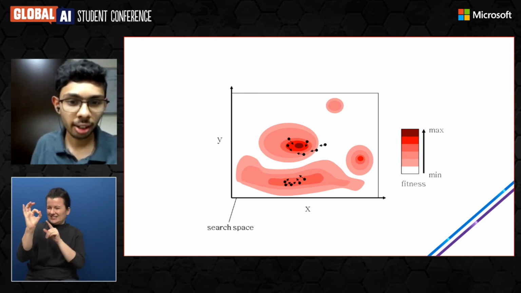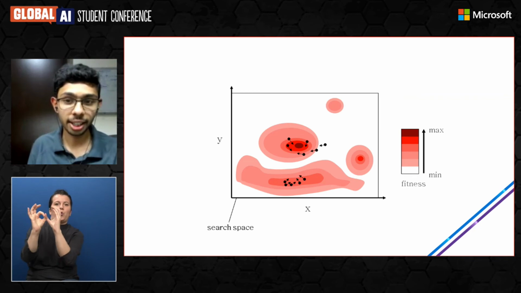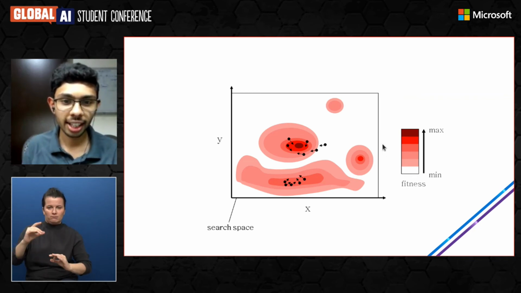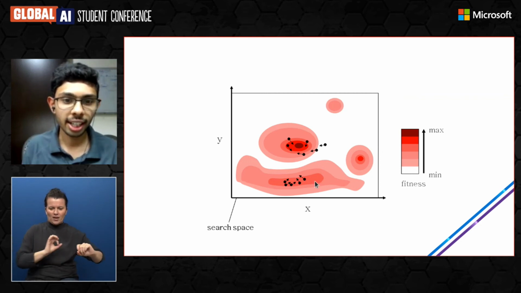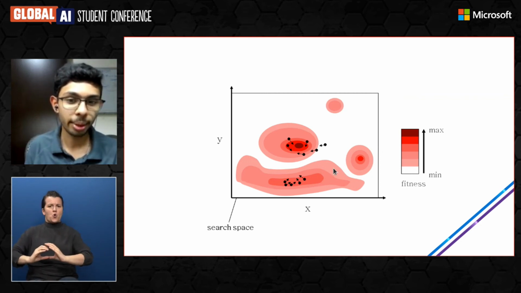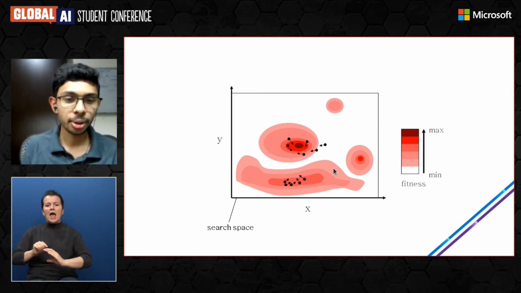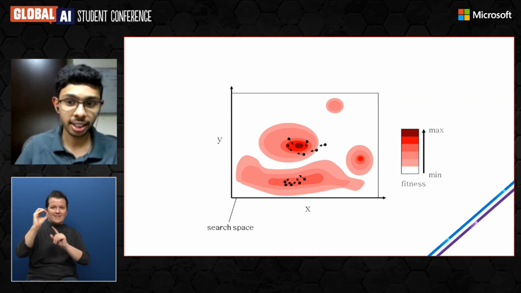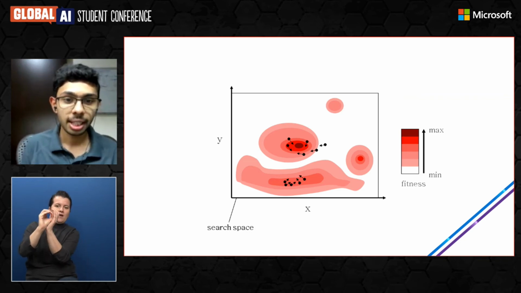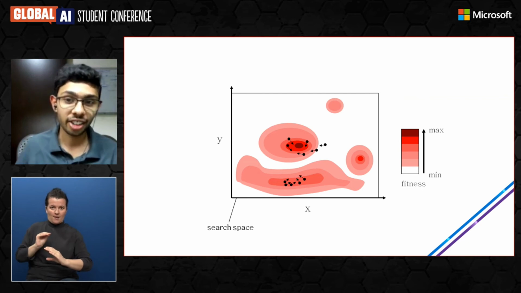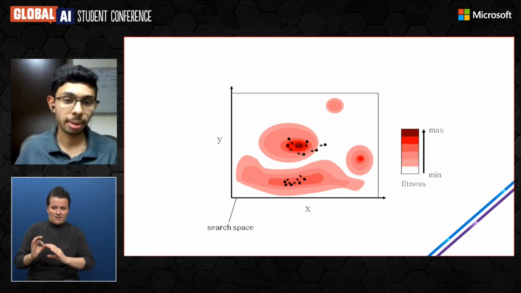But there is also a group of particles below that have found a nice position, but that isn't the global best position. That's maybe a local best position. So now they need to join the other particles that are near the global best, and they need to jump out of this local minimum and reach that global minimum.